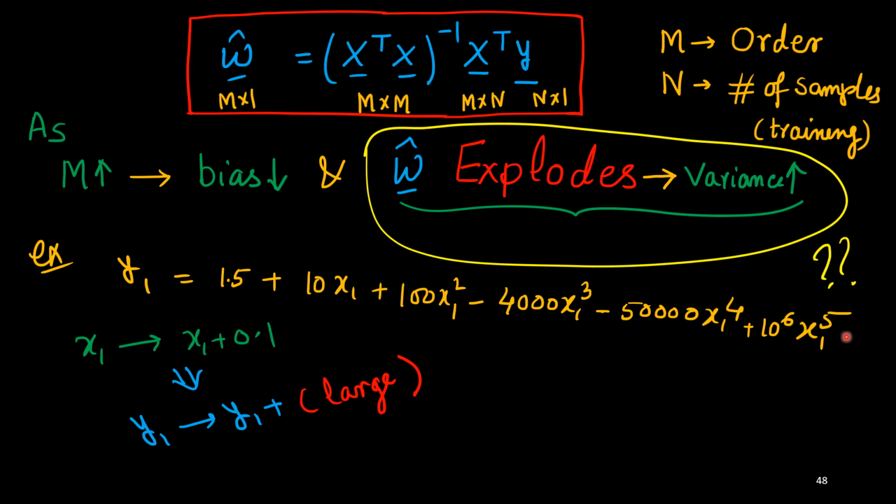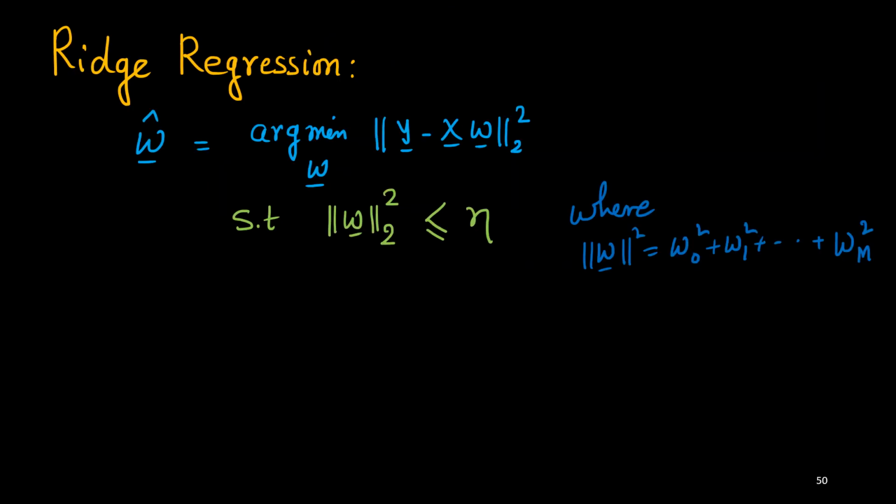Here we can use the concept of Ridge regression. In Ridge regression, we put one constraint on the previous cost function. We wish to minimize the norm2 square of y minus Xw, that is fine, but we put one condition that the norm2 square of the weight vector should be less than some value, eta, suppose.